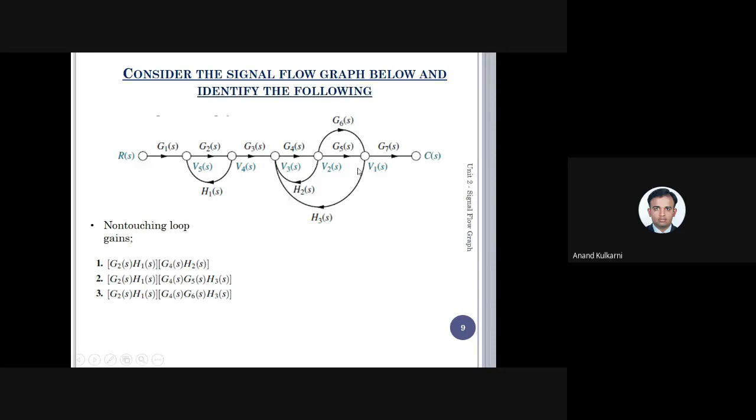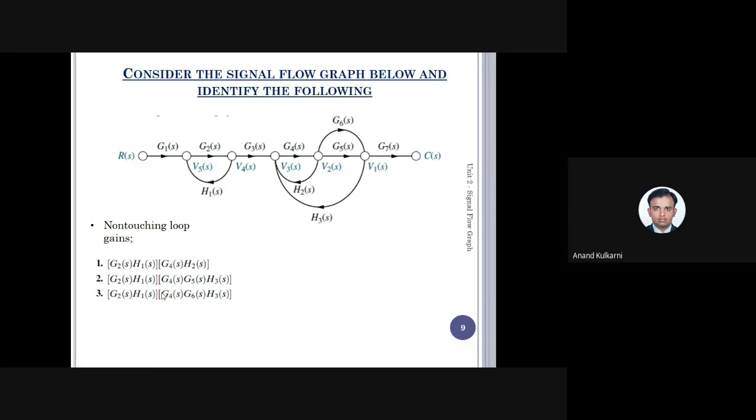Only the second, that is L3, is going to change. What is L3? G4, G5, H3, the yellow color. The fourth loop is G4, G6, H3, which we had seen in the pink color. So red pairing with yellow, and red with pink. So these are the 3 non-touching loop pairs. Is it clear? Are there any doubts?